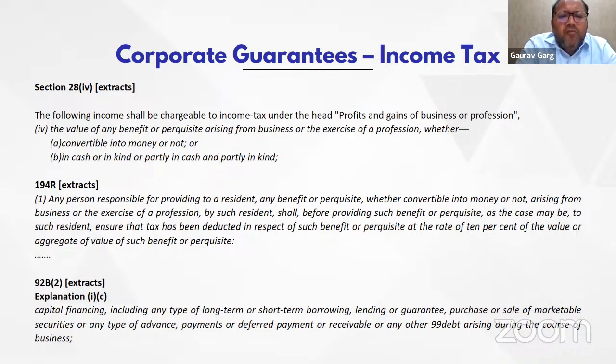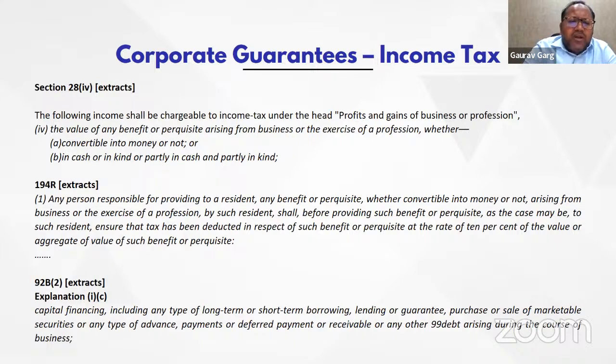So in my humble view, we can argue that it is a shareholder activity, and I've been saying since the beginning that where it can be safely said that it could be a shareholder activity, that is where the loan is not possible without taking a corporate guarantee. One can argue that it is a shareholder activity. In such a case, there is no benefit to the subsidiary.